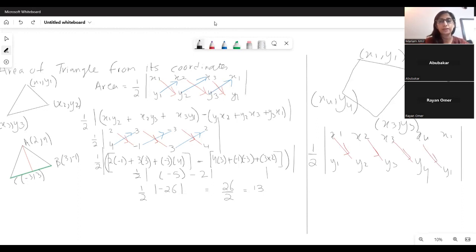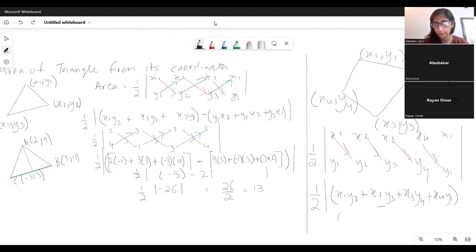So I'm going to write half x1 y2 plus x2 y3 plus x3 y4 plus x4 y1 bracket close, a negative sign.